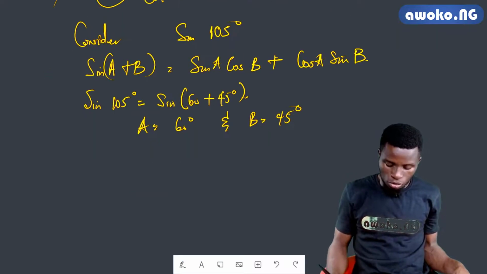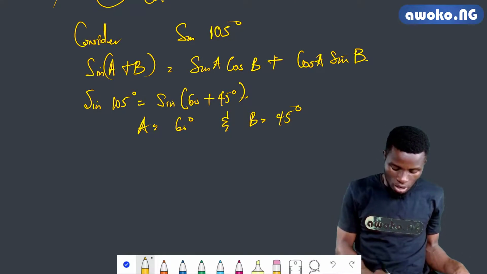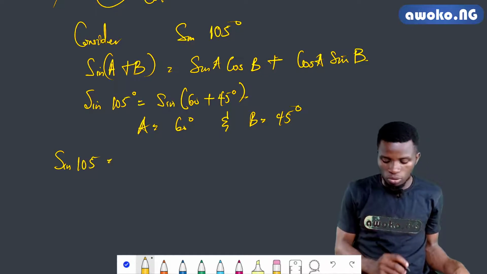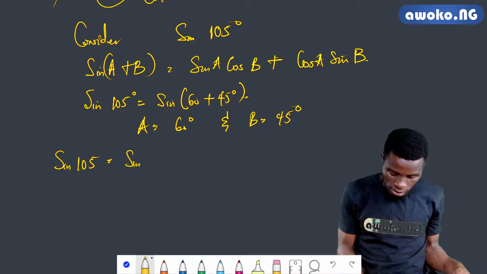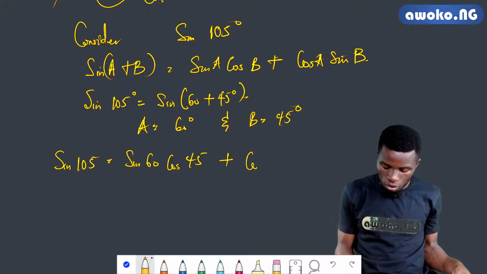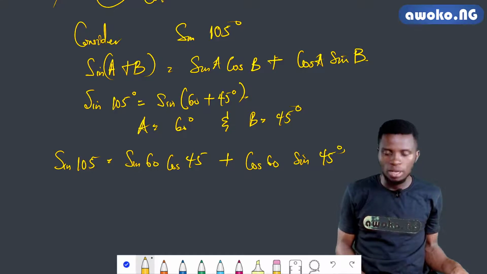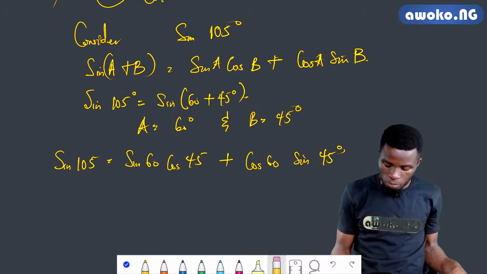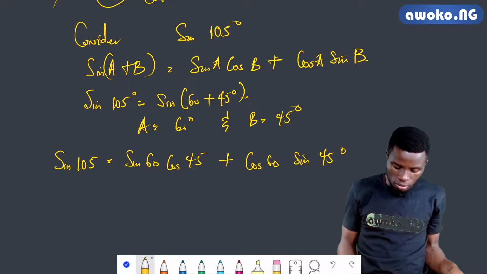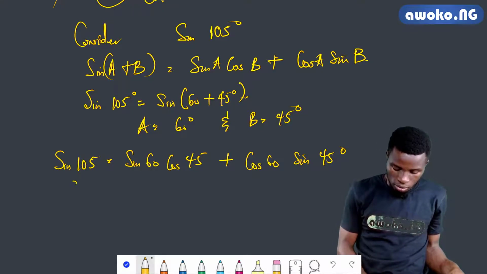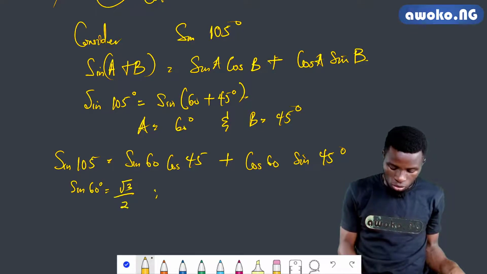Is that okay? So sine 105 would definitely be equal to sine 60 cos 45 plus cos 60 sine 45 degrees. And from our special angles, we know that sine 60 degrees equals root 3 over 2.